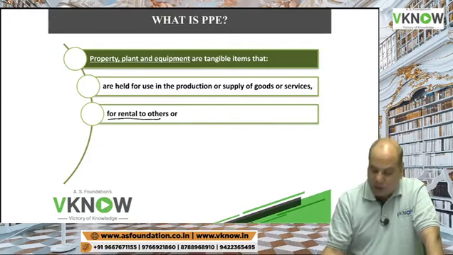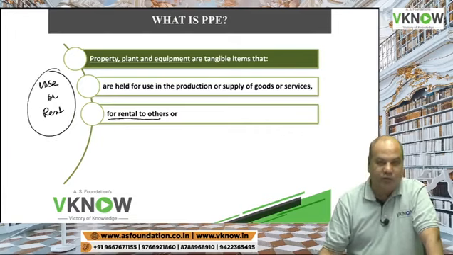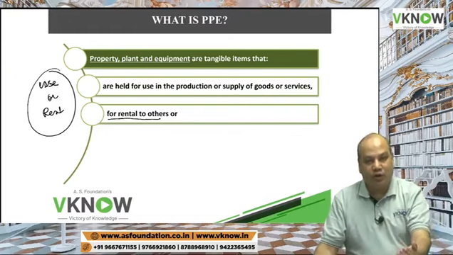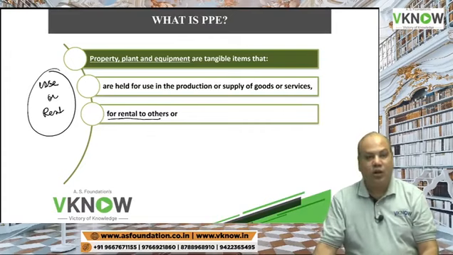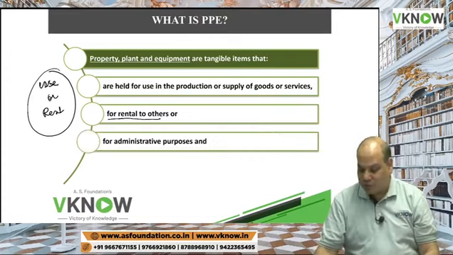PPE are items either you use yourself or you give it on rent. Suppose you have a house which you are not using, you can give it on rent. That house will be PPE. You have a car, you can give the car on rent. That car is also PPE.